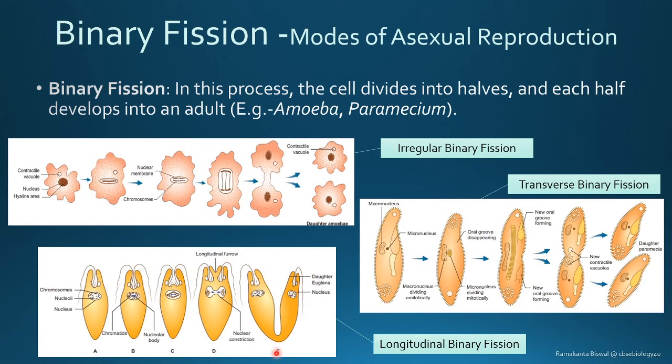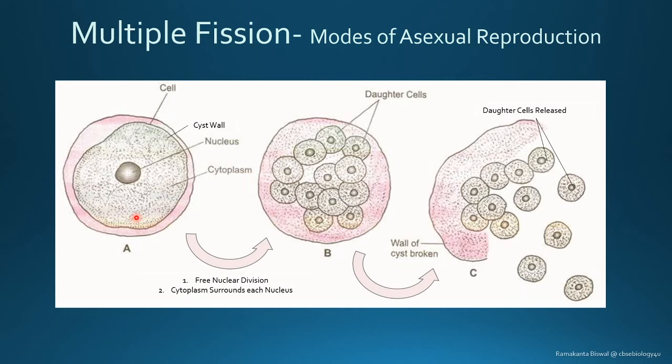Now similarly we talk about multiple fission. Here in multiple fission, you have an organism, for example this is again an amoeba. You are going to have the nucleus and cytoplasm. Sorry, this labeling is not proper, this is the outermost labeling, that is the cyst wall it forms.